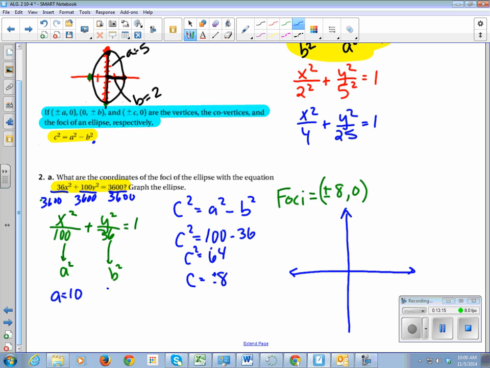If b squared is 36, then b has to be 6. I need those so I can mark my graph correctly. So I want to go on the x-axis, I want to go out 10. 1, 2, 3, 4, 5, 6, 7, 8, 9, 10 in both directions. And then on the y-axis, I definitely need to go 6.